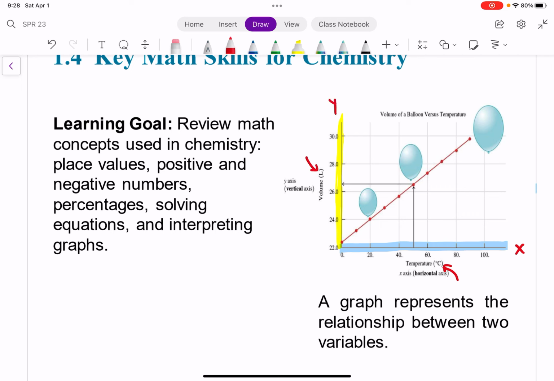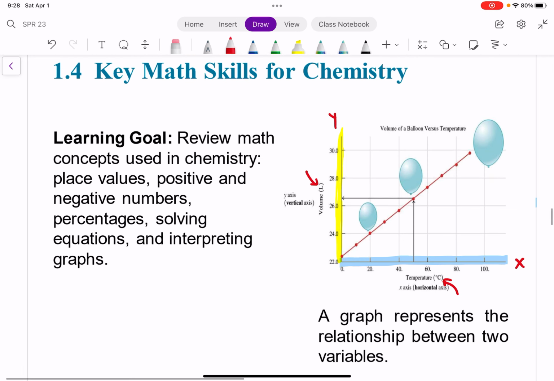So we use graphs in chemistry to represent data that we have. In this experiment, it looks like they were testing the volume of a balloon versus temperature. So how does the volume of a balloon change as we increase the temperature going towards the right? You can see we start at 0 degrees Celsius and we end up at 100-ish degrees Celsius.